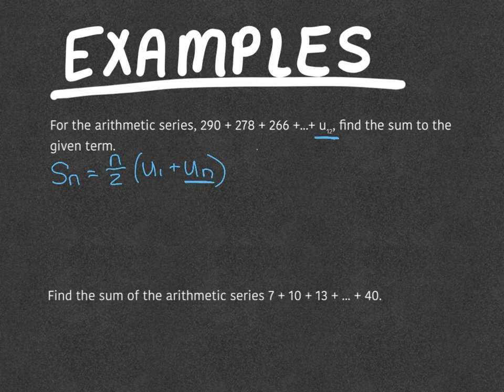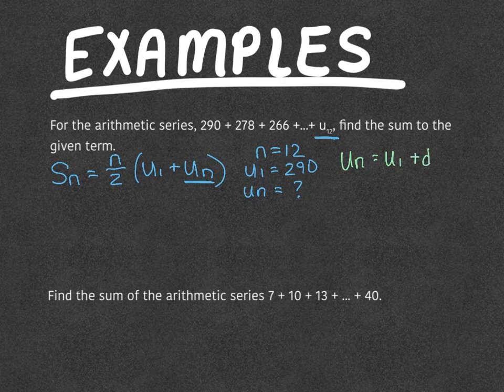We know that there are 12 total terms. We know that our first term is 290, so we just need the value of our last term, which we can get based on what we know about arithmetic sequences. So we find u sub n by taking u1 plus d times n minus 1.